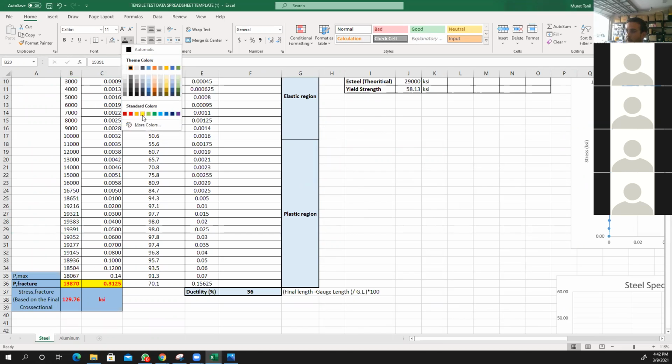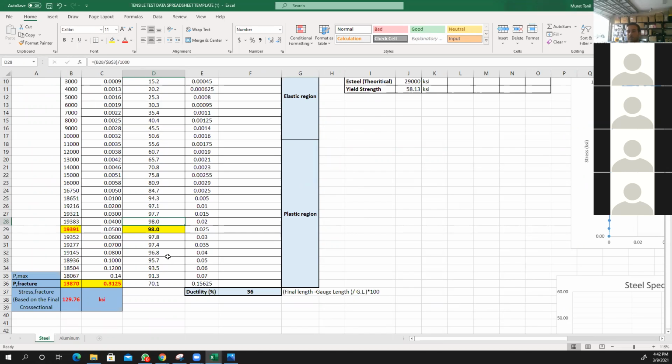Correct me if I'm wrong. So this is your max, and this is your ultimate tensile strength, because this is the maximum value in this table. Are we good so far?